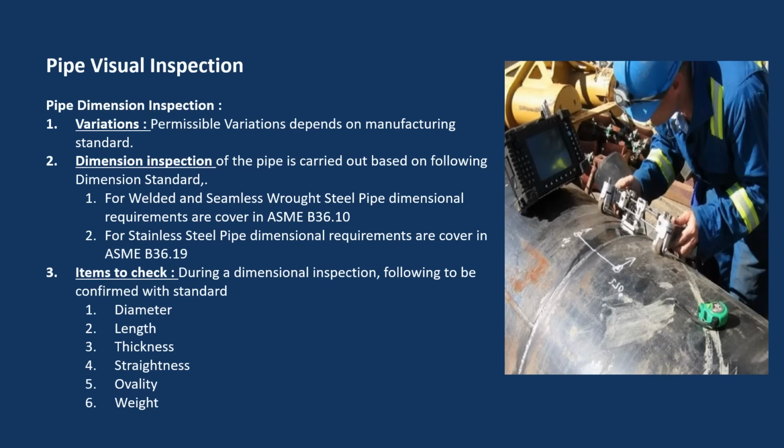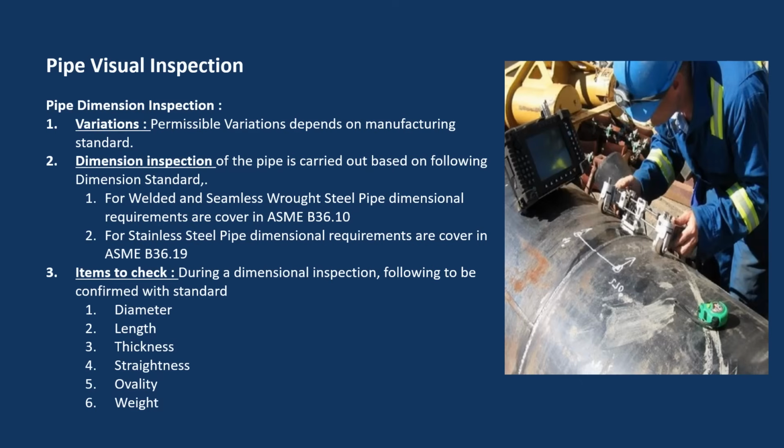Again, we have ASME B36.10 and 36.19 for carbon steel and stainless steel respectively. This is globally used as a dimensional standard. All the dimensions, schedules, thicknesses and a lot of things are already there, which we can directly refer to while performing the inspection.